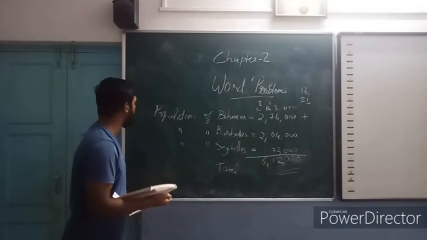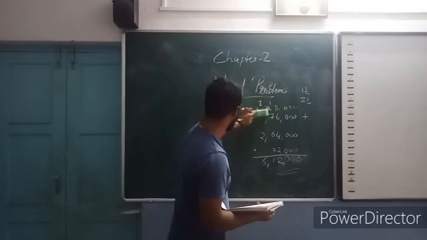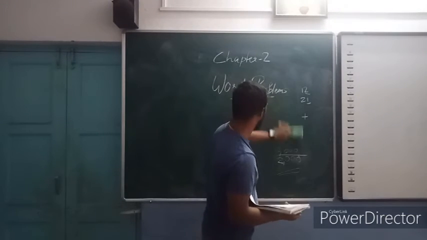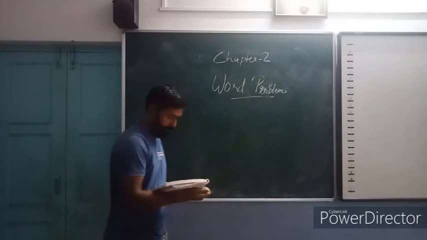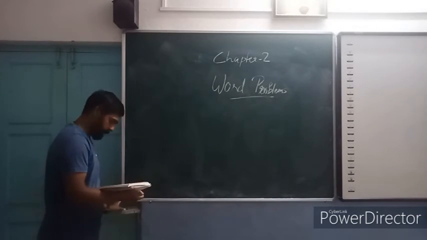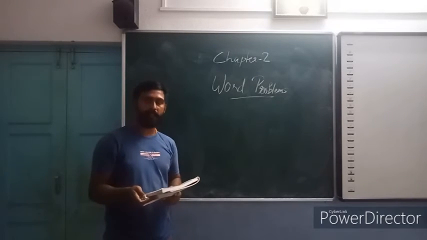So let us take another example from our textbook so we can easily understand how to do word problems. Look into the second question. The total number of flowers in garden A is 6 lakh.